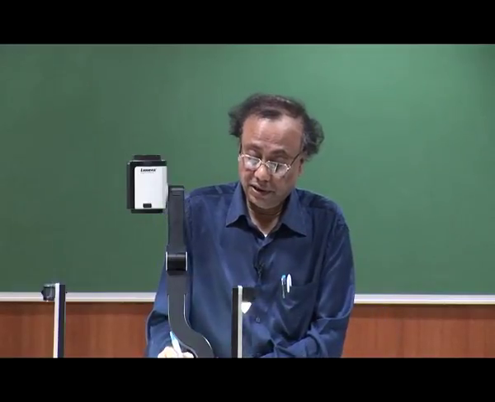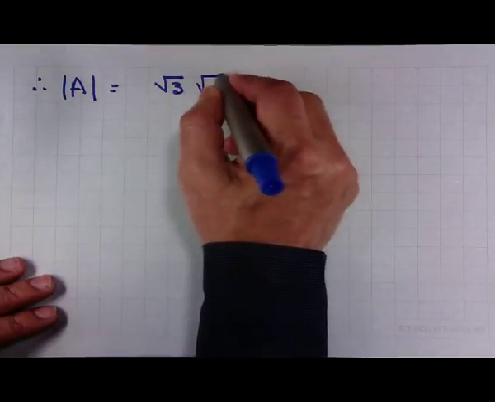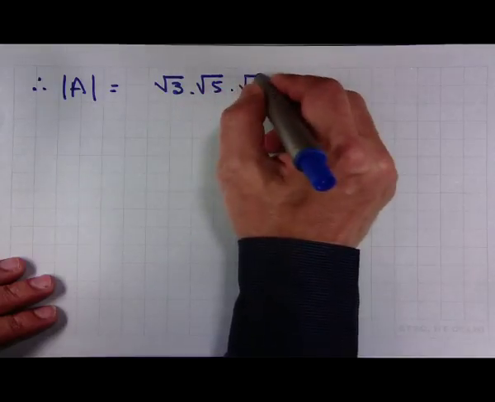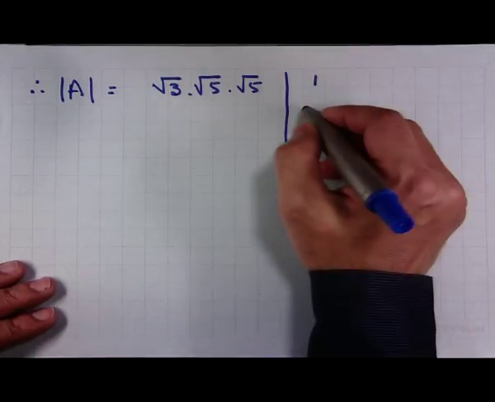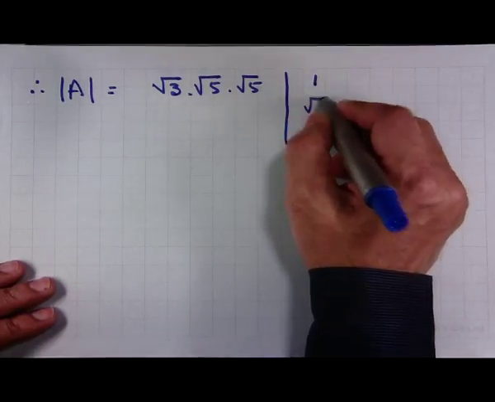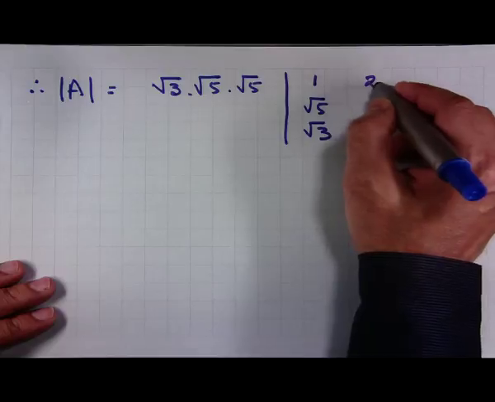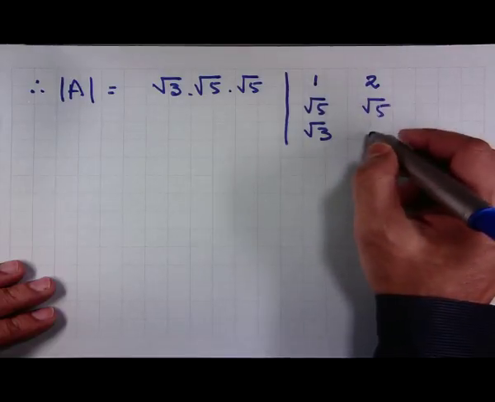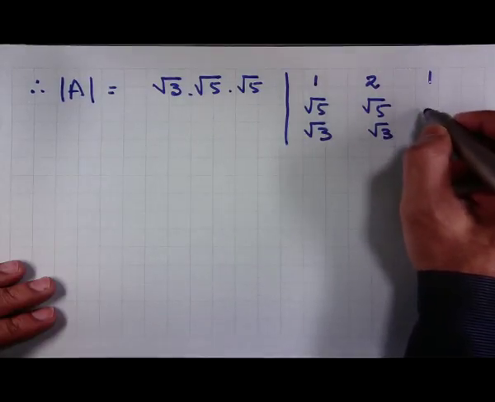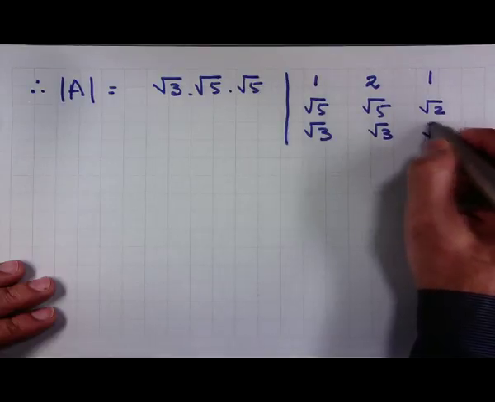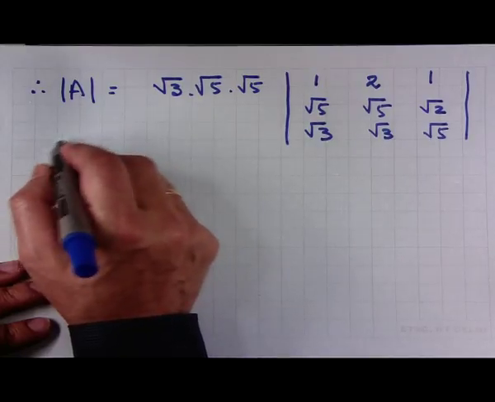Therefore, determinant of A is equal to root 3 into root 5 into root 5 into determinant of 1, root 5, root 3; 2, root 5, root 3; and 1, root 2, root 5. So, let me compute its determinant.